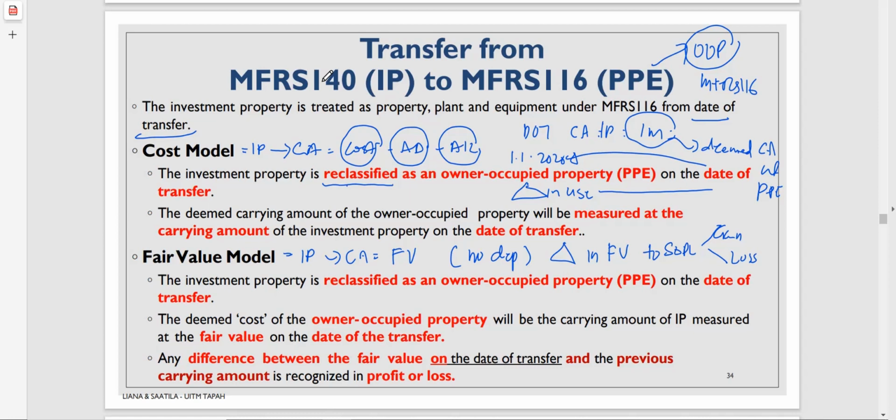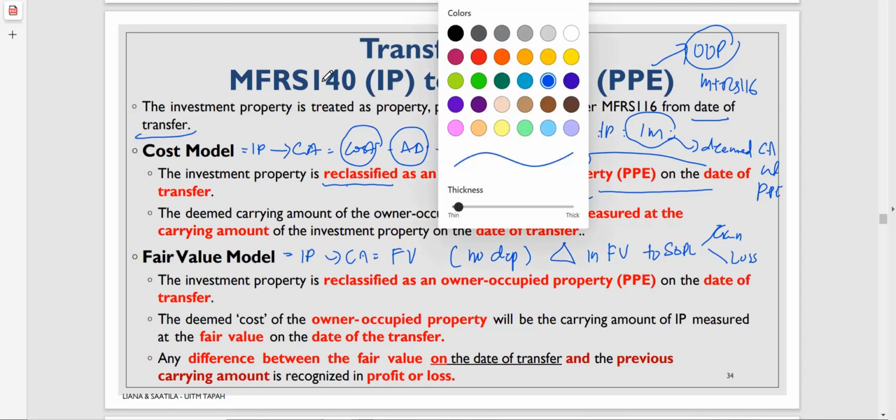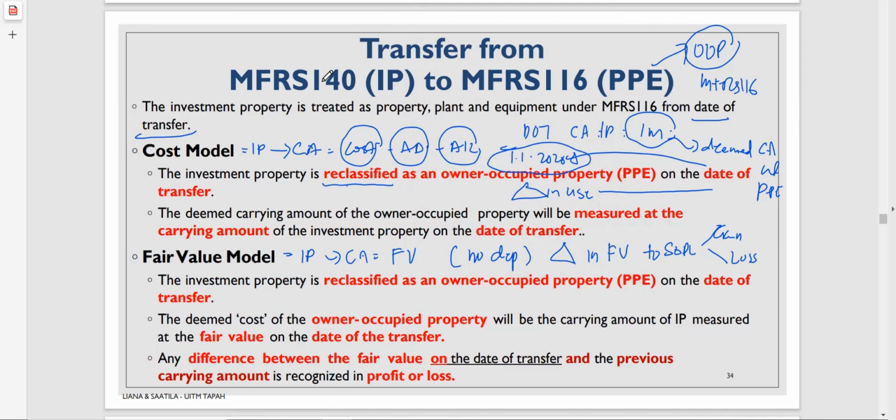The investment property will be reclassified on the date of transfer to become PPE, let's say again 1st of January 2020. So the deemed cost of the owner-occupied property will be the carrying amount of the IP. Before this, under the cost model, the carrying amount was at cost minus accumulated depreciation minus accumulated impairment loss. But now it would be at fair value.